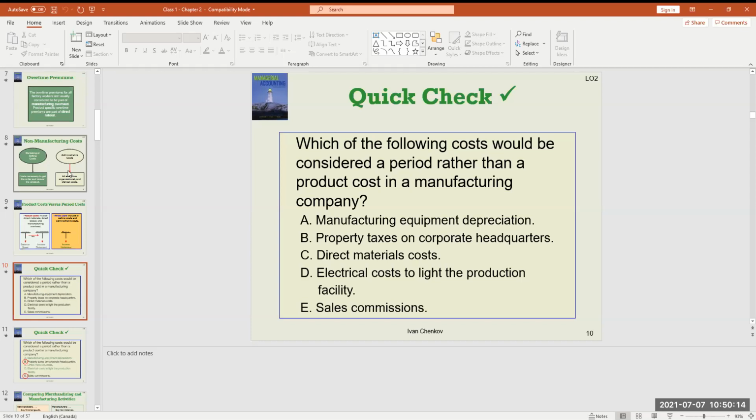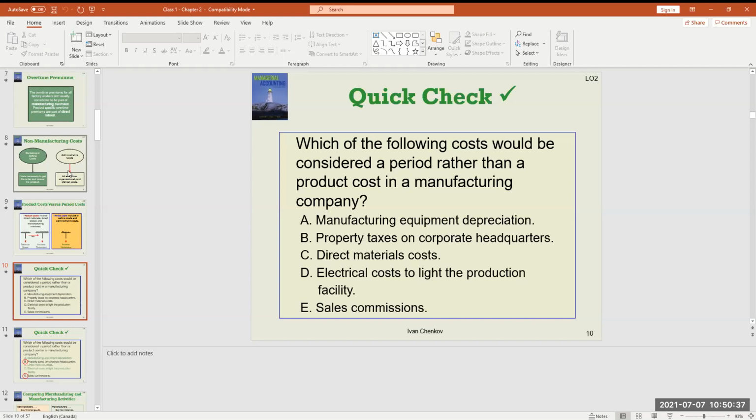What are we using the equipment for? Is it used for production? Yes. So is it going to be period cost, or related to the product? Product. It's related to the product. So that will be product cost.